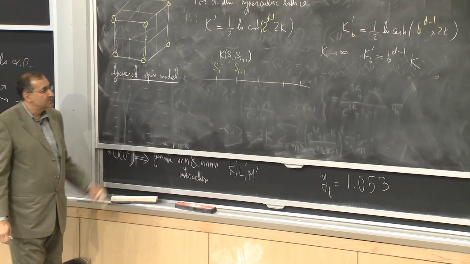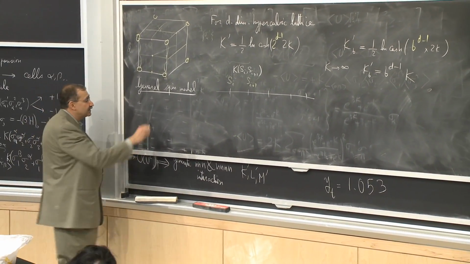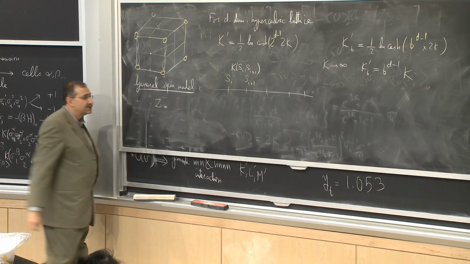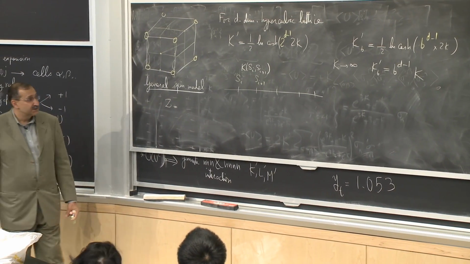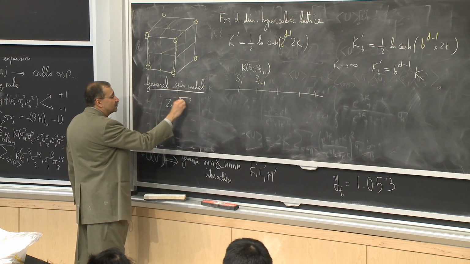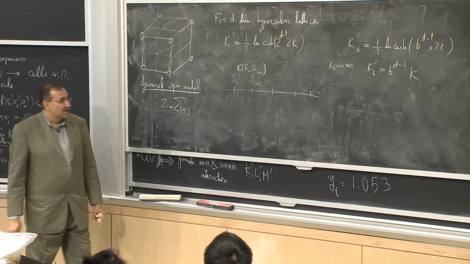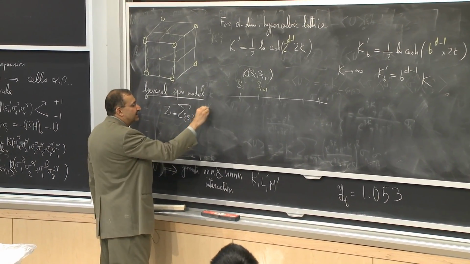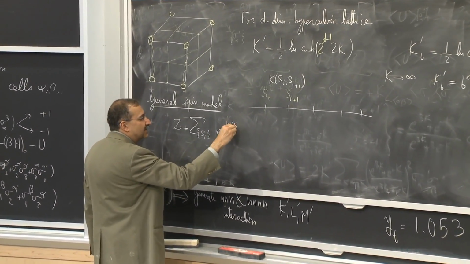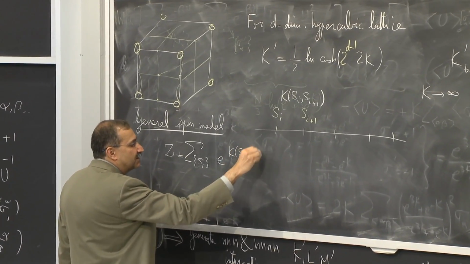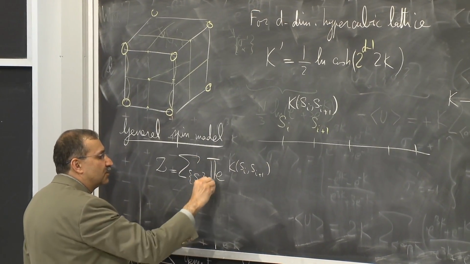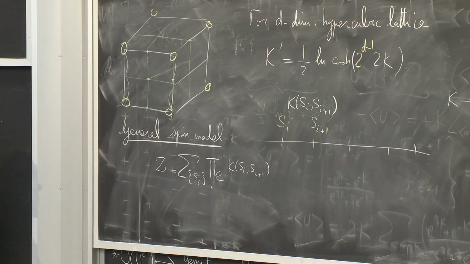So if I were to calculate the partition function in 1 dimension, I already mentioned this last time, I have to do a sum over whatever this spin is of e to the K of Si, Si plus 1, and a product over subsequent sites.